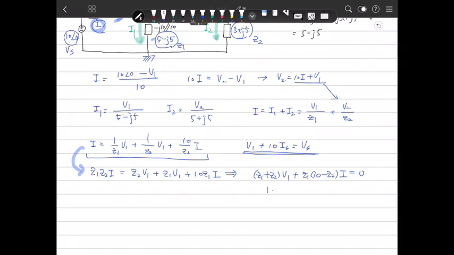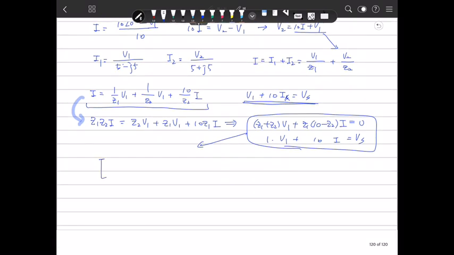Then here, 1 V1 plus 10I, I'm sorry, this I is this I, 10I is Vs. Therefore we rewrite it in matrix form here: 1, 10, Z1 plus Z2 and Z1 10 minus Z2, times V1 and I, equals Vs and 0.